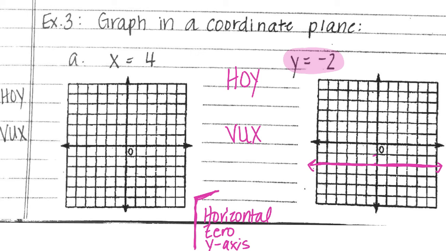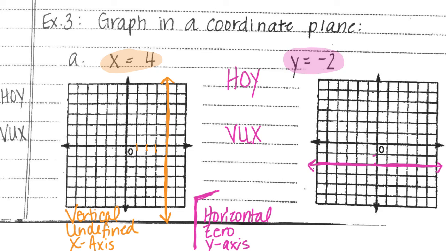Now Vux. Vux stands for vertical. The slope is undefined, which we're going to start talking about soon. And this is on the x-axis. So if we have x equals 4, I'm going to go to x equals 4, but I have to draw a whole line because that is going to be my vertical line at x equals 4.